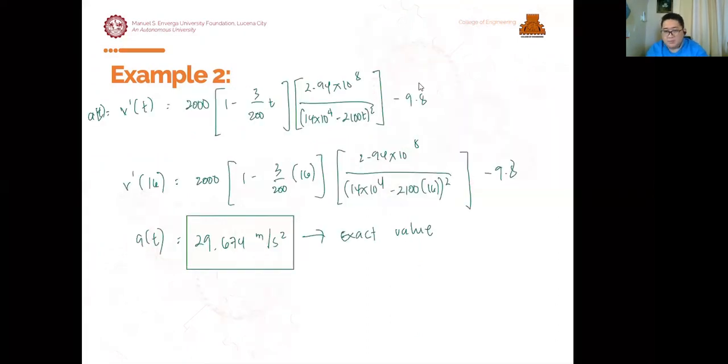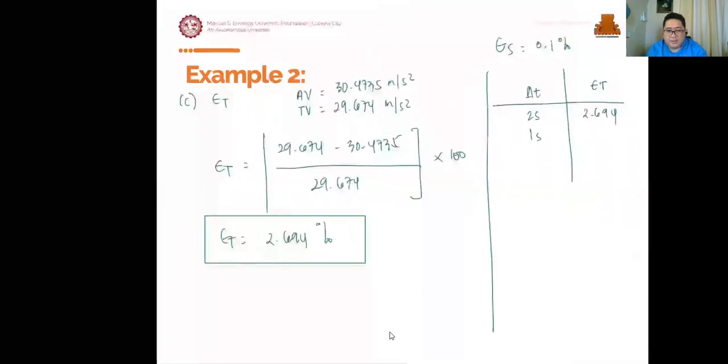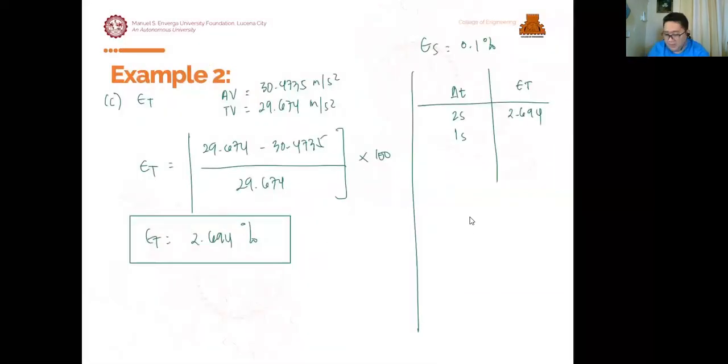Yan, kung halimbawa ay itutuloy natin, no? Pag 1 second, ang estimated true error nyong makukuha is 1.329. Kapag naging 0.5 seconds, magiging siyang 0.6597. Pag naging 0.25, magiging siyang 0.328.